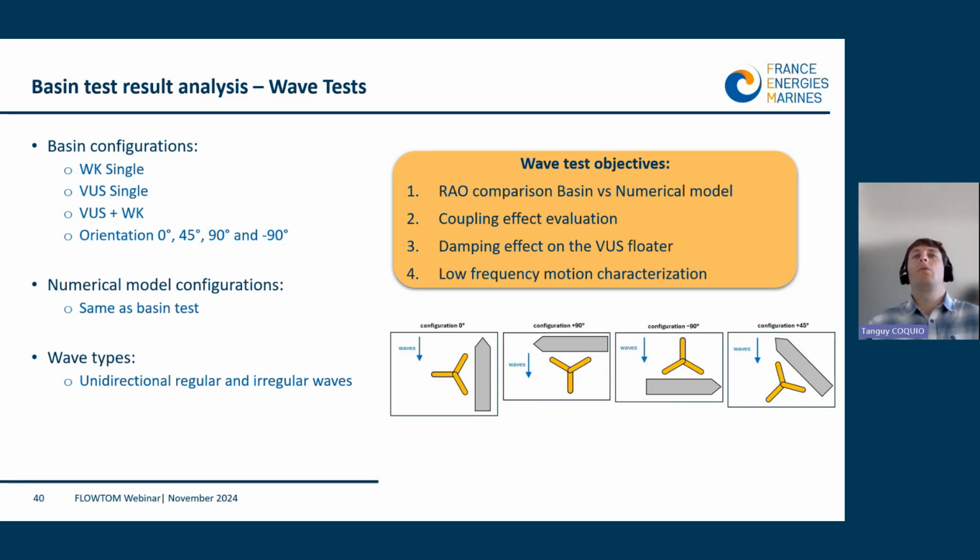The objectives of this wave test are to first compare the RAO between the basin and the numerical model, validate the coupling effect between the bodies, validate the damping effect on the floater, and look at the low frequency motion characterization. In this presentation, I will only look at points 1 and 2 and omit points 3 and 4.